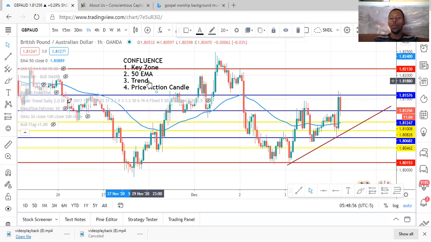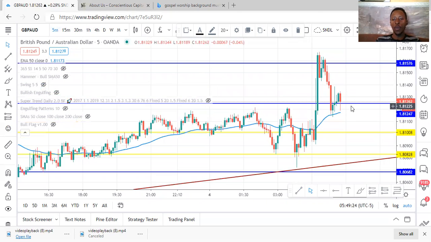You just flow with the waters. So that is one very good reason why you should obey the trend whenever you are taking a trade. I hope you get that. So one confluence is confirmed: the trend is an uptrend.